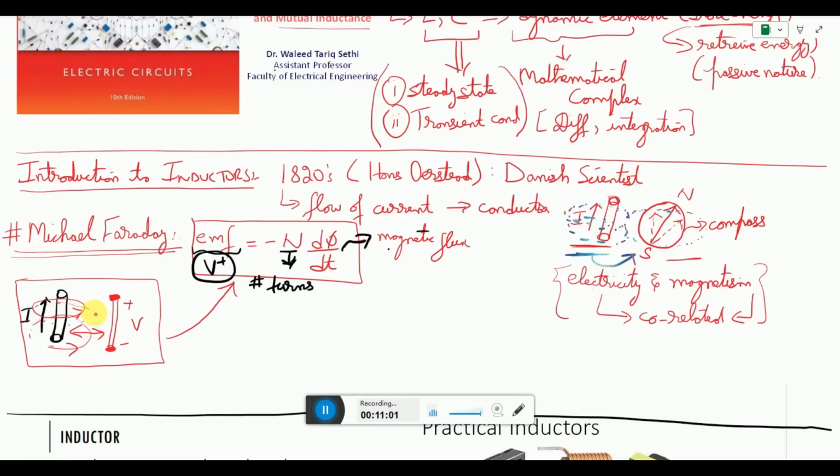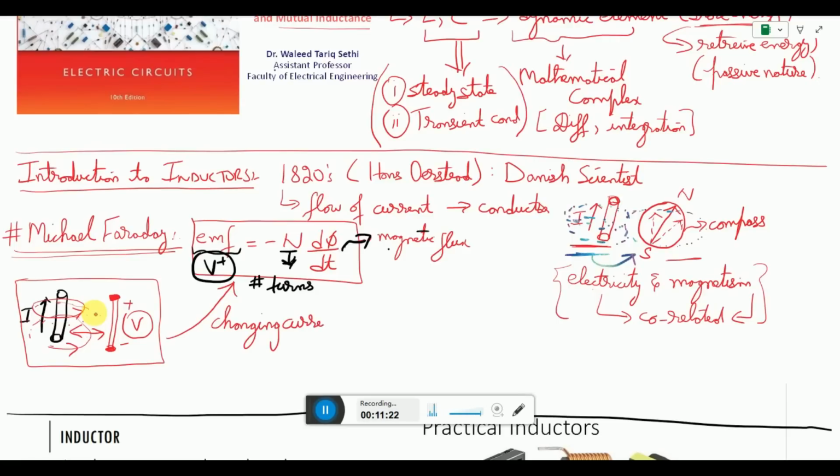So what Faraday said is that induced voltage is produced by the magnetic field produced around the wire shown here by the black wire. But there is a condition to it. The condition is that this induced voltage V is only produced as long as there is a changing current.